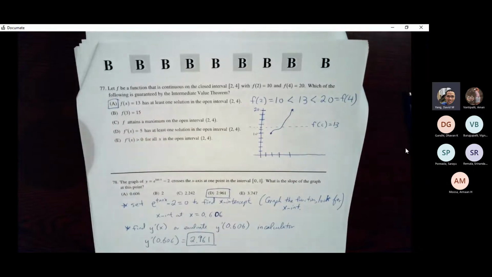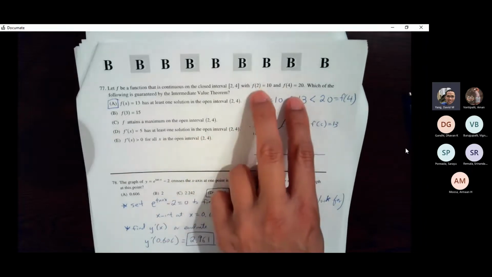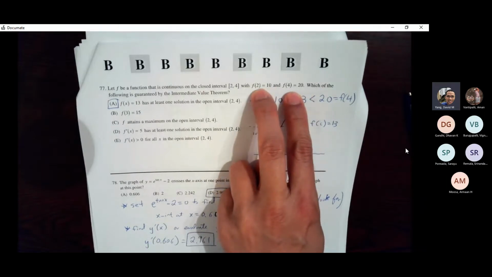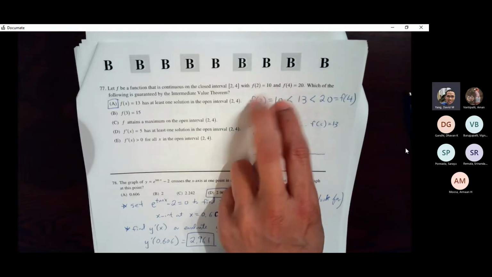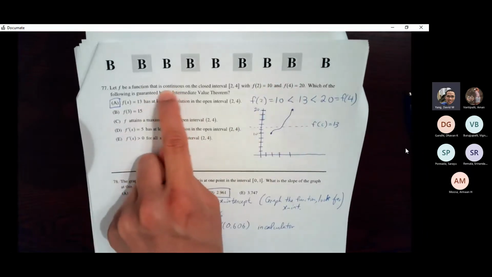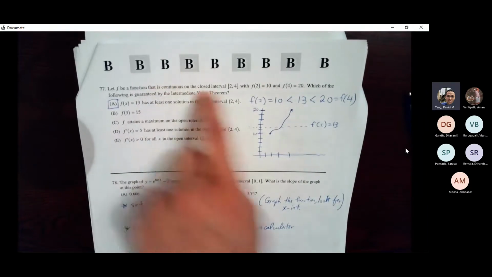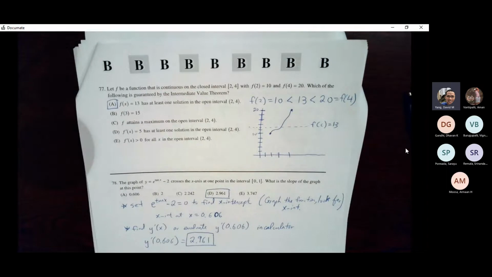f prime of x equals 5 at least once on the interval. So that's going back to something like the Mean Value Theorem. Actually, my endpoints do produce a slope of 5, but there's no statement about differentiability. So we can't use the Mean Value Theorem if there's no statement that our graph is a smooth curve all the way through.